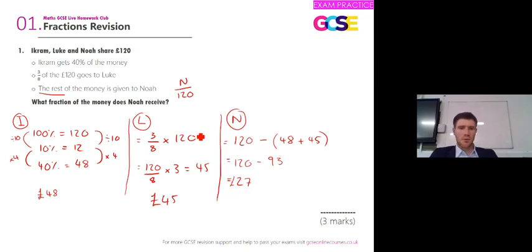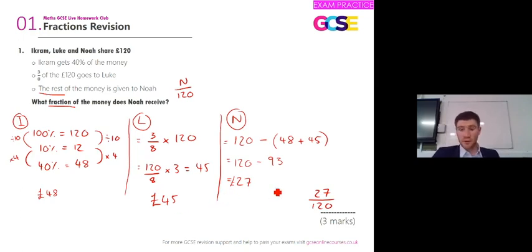£27. Remember, what fraction of the money does Noah receive? What fraction? So it's not just how much does Noah get. He gets 27. It's what fraction. So he gets 27 out of 120. That's the fraction he receives. Now, they've not asked me to simplify it, so I actually don't have to.